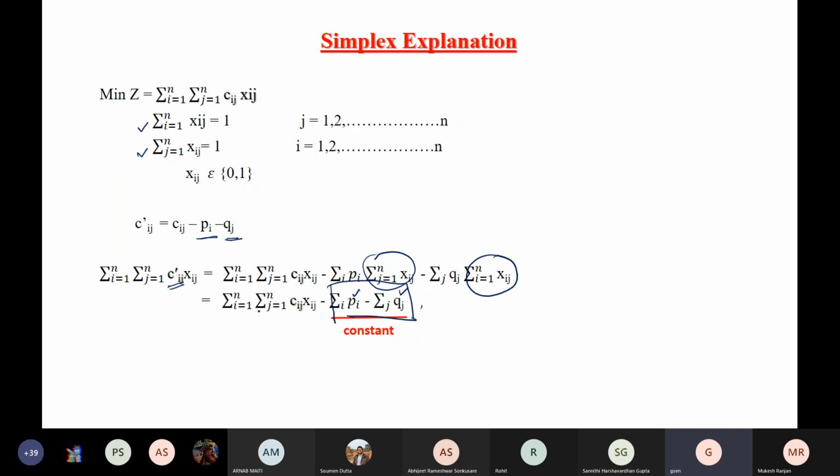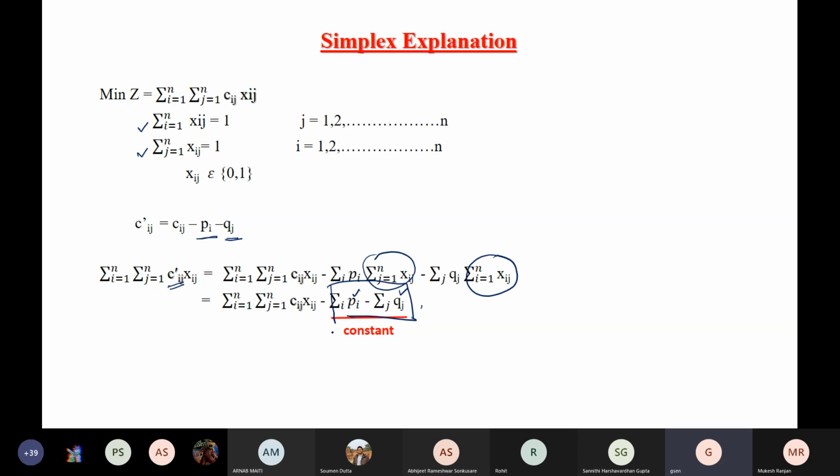Although the equation has changed, it now has a constant quantity being subtracted from the original objective function. But when you apply minimization on this function, it doesn't affect the optimal solution. So that is the idea.